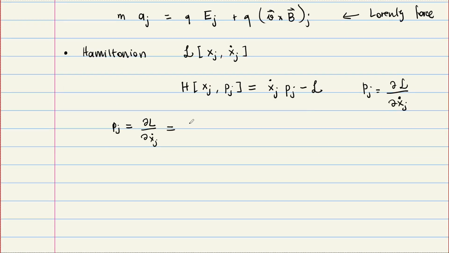So this is m vj plus q times aj. Therefore, whenever I see m vj, I can write it as pj minus q aj.